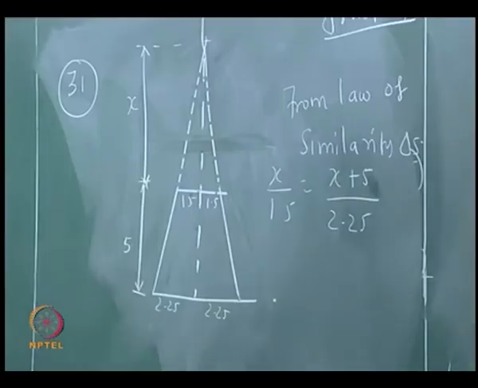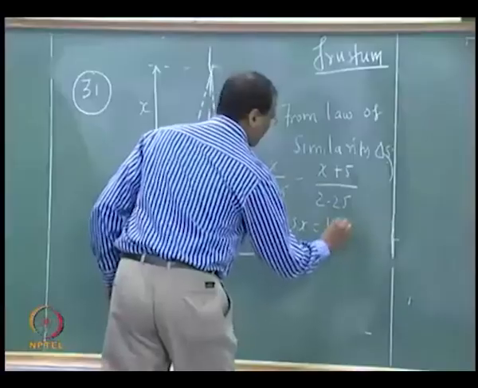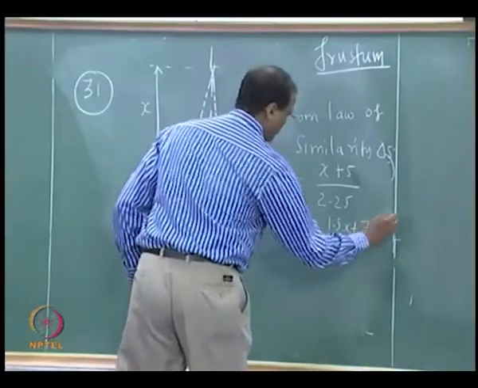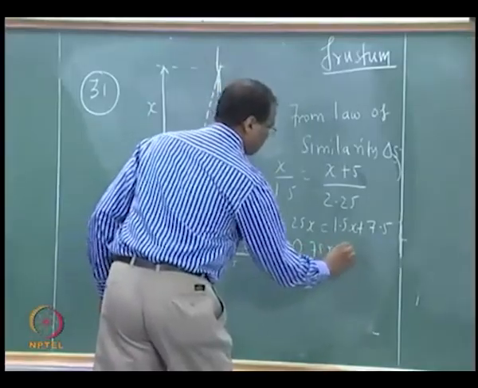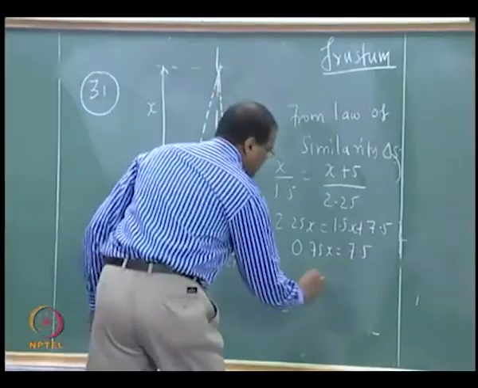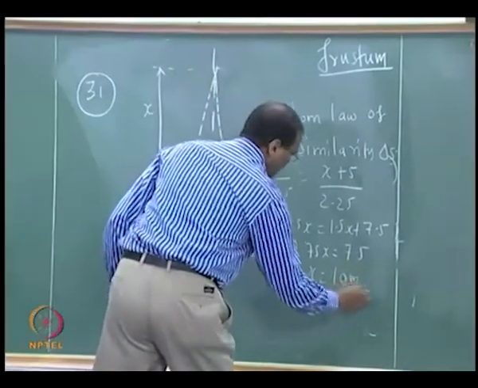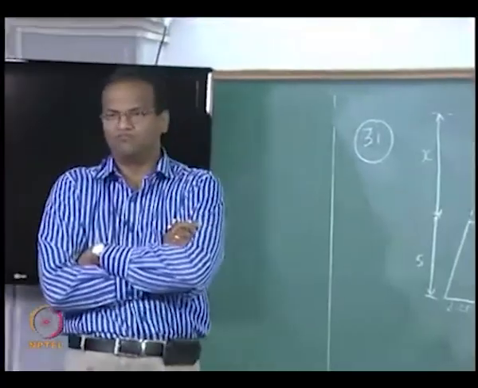Now, so 2.25 x equal to 10, huge. x equal to 10 meters.